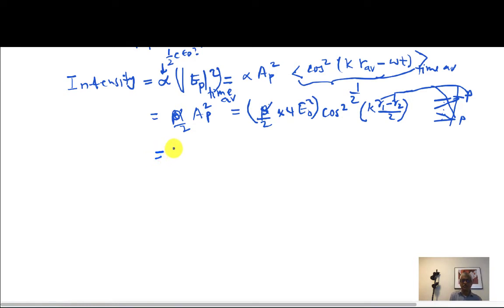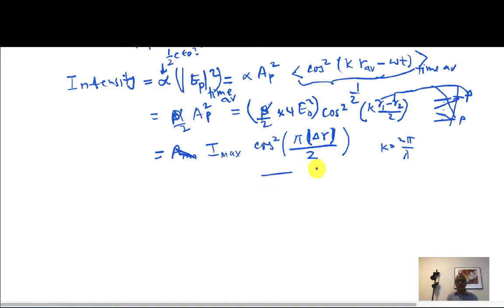Let's call it intensity max, and then have a cosine square. If I write k equals 2 pi over lambda, I get 2 cancels out, pi times delta r, the difference between the two, and we can just say absolute value here, over 2.